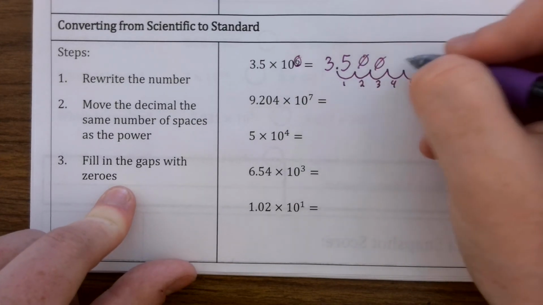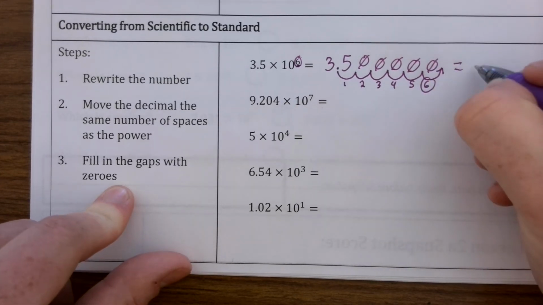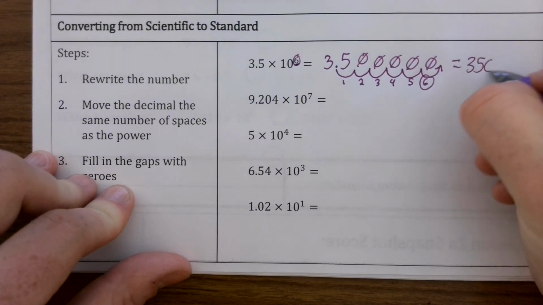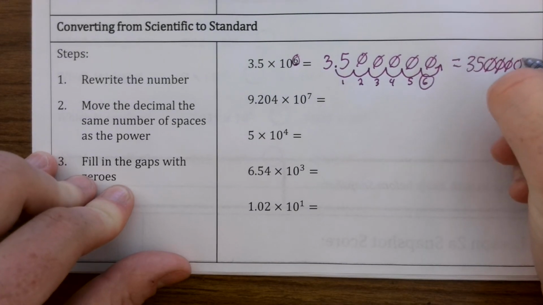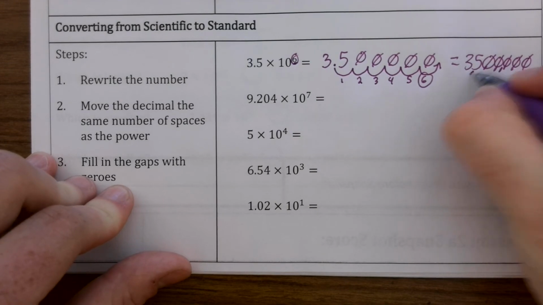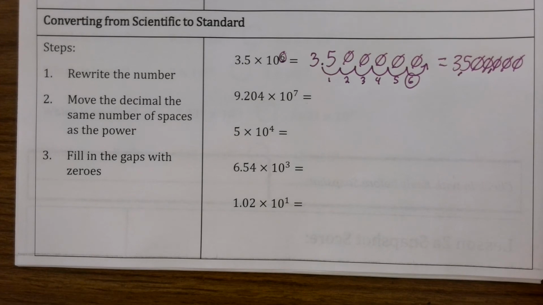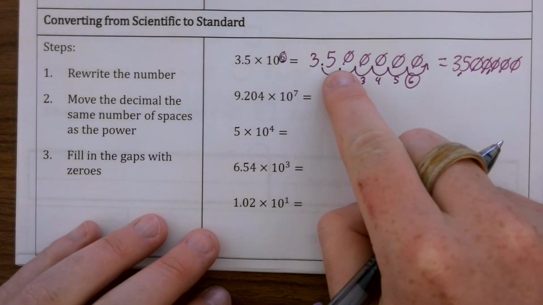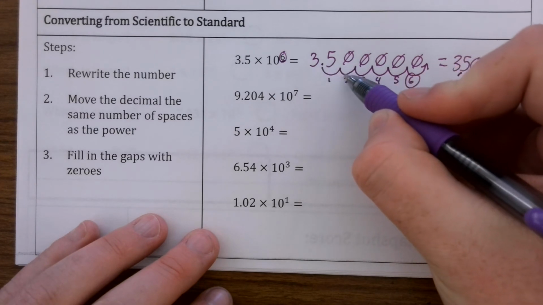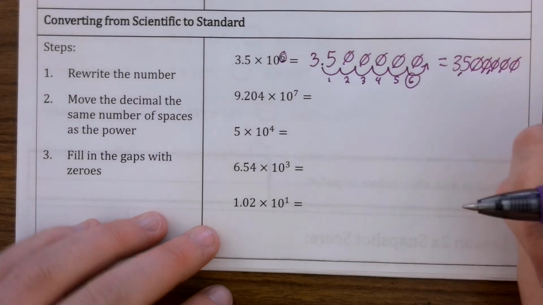Which ends up with 3, 5, and then 1, 2, 3, 4, 5 zeros. And we could put a comma in here and here. So 3,500,000. Notice I'm putting the zeros in the gaps, because that's between where our decimal point would go.